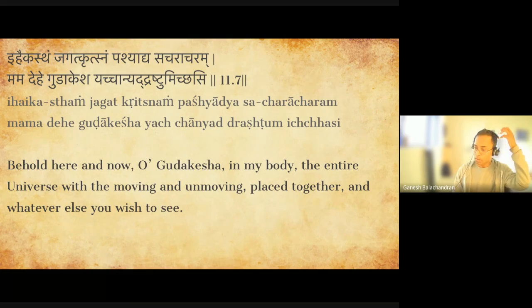Gudakesha is one who has conquered sleep, and the other meaning is Kesha, he has very beautiful hair. O Gudakesha, behold here and now in my body the entire universe, Jagat Kritsnam, the entire universe.